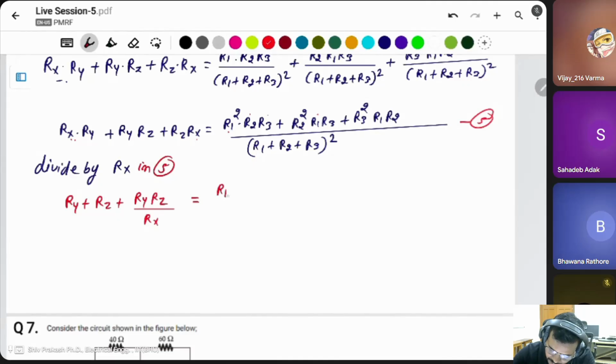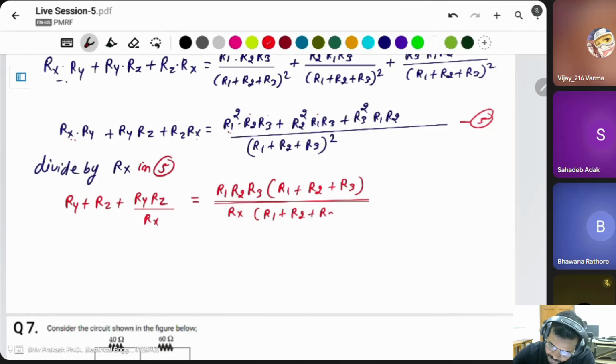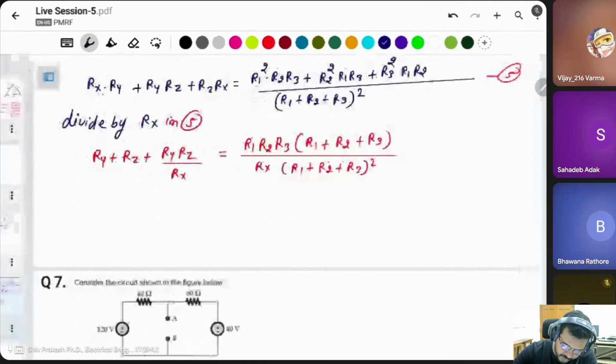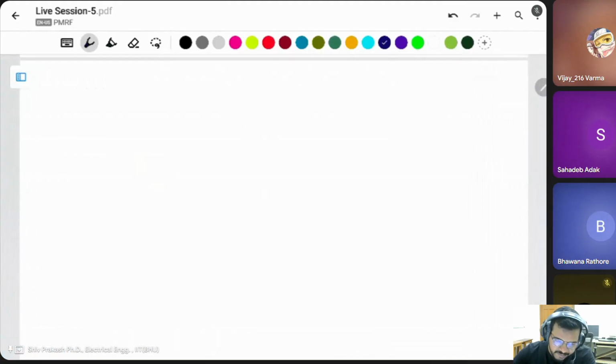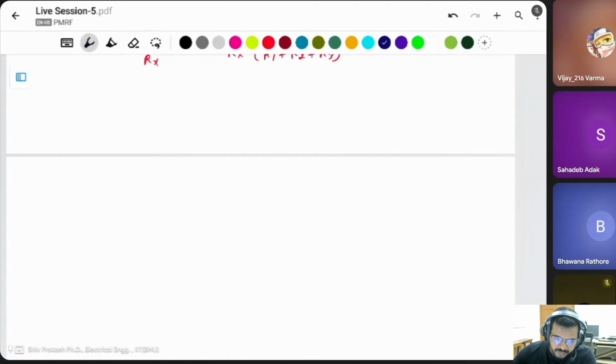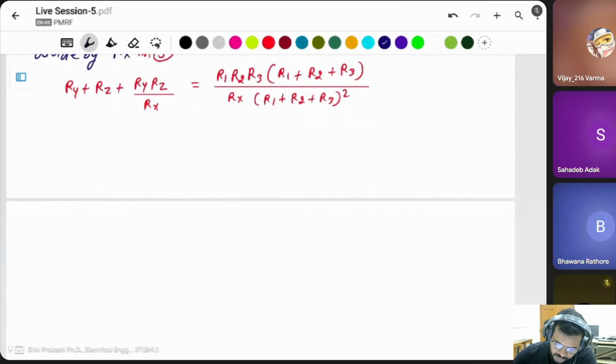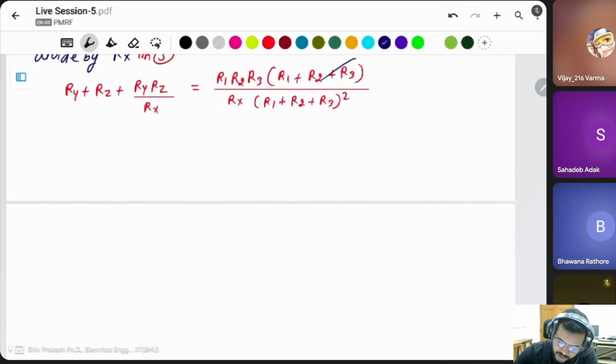Then you can take R1 R2 R3 common here. The remaining here is R1, here is R2 and here is R3, divided by Rx into (R1 plus R2 plus R3) square. One (R1 plus R2 plus R3) is cancelled out here, in the denominator also. Okay, this is the one that cancels out.